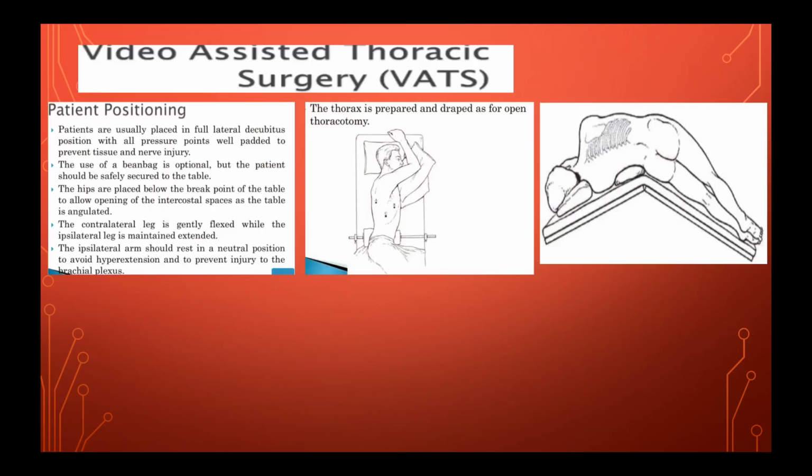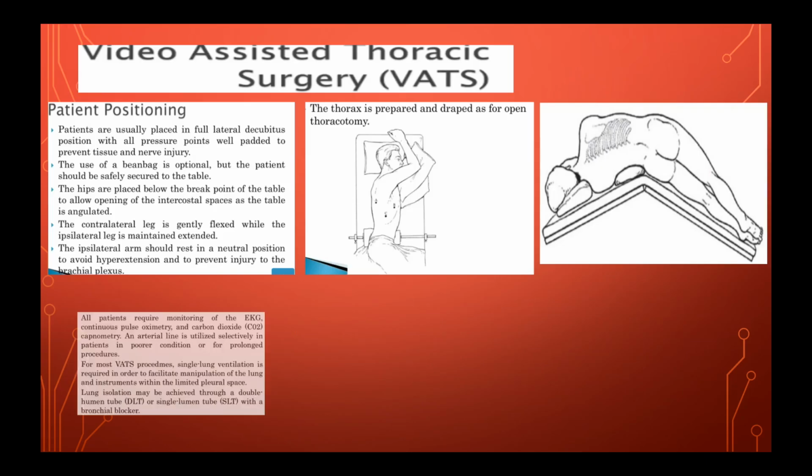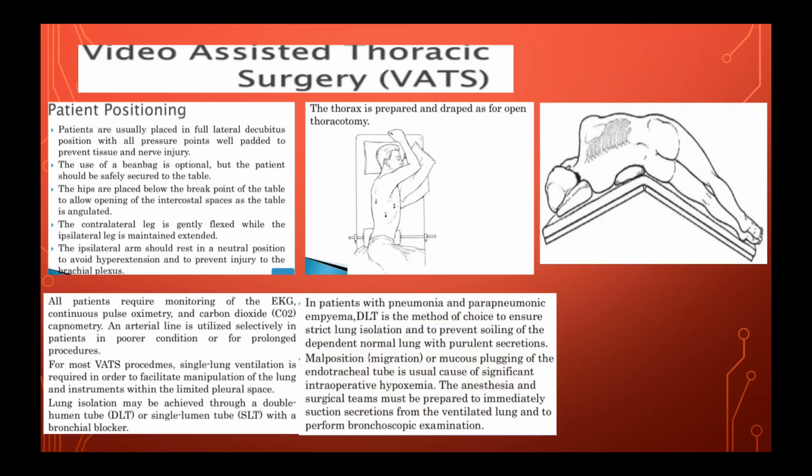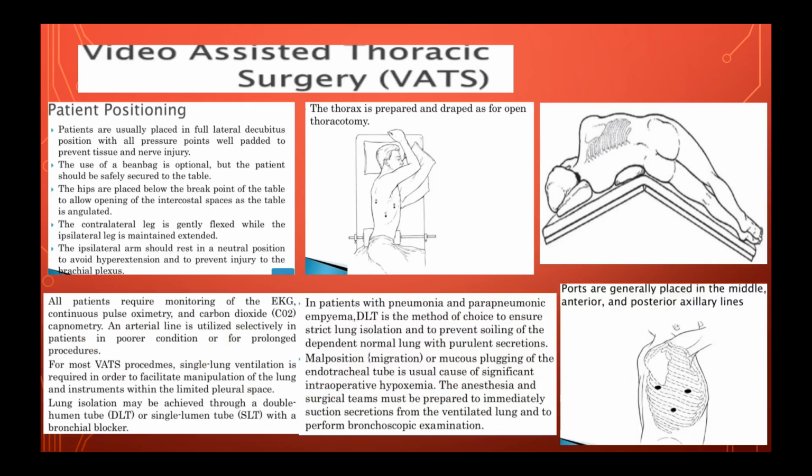But the precision that is required is challenging in these cases, like the jackknife position or the classical position. Because CO2 insufflation will be done, carbon dioxide monitoring becomes very, very important in these patients. These are the ports that are normally made.